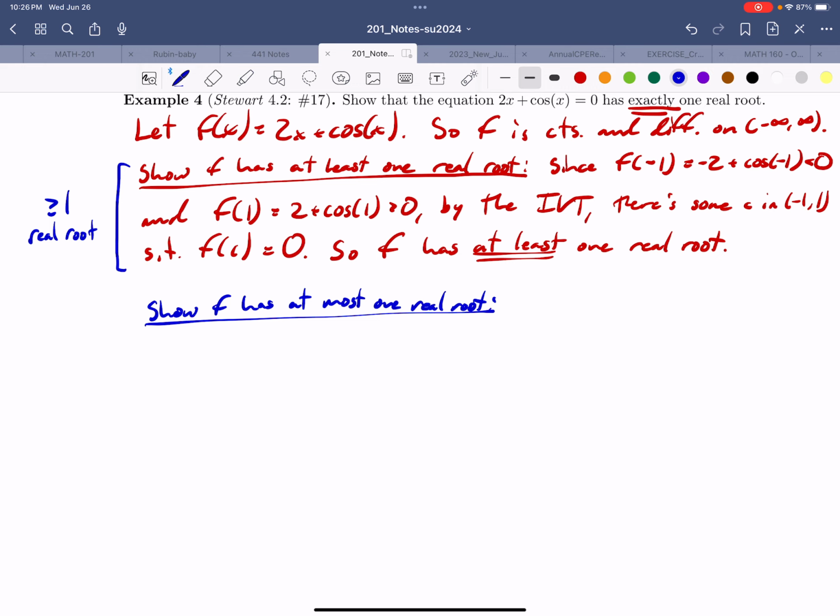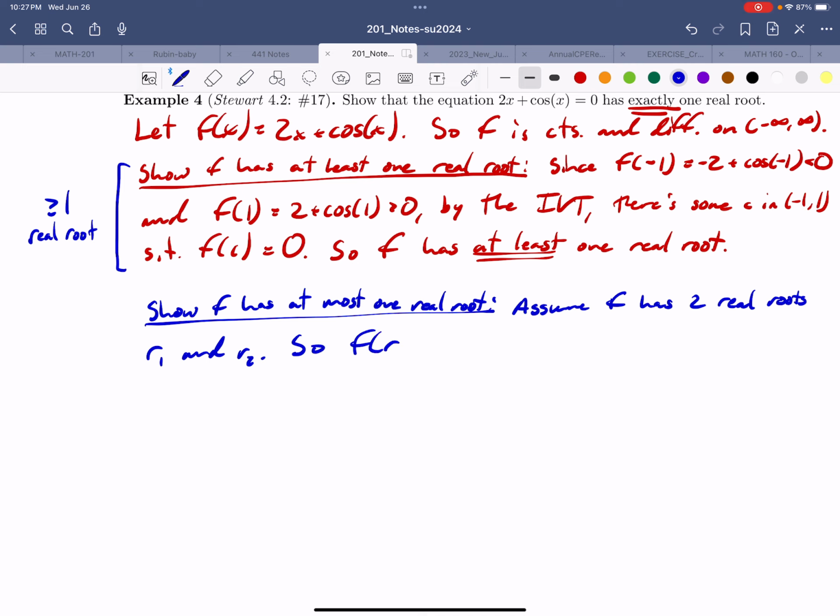So at this point, we know already, again, that f is continuous and differentiable everywhere, right? So all we need to do is assume f has two real roots, R1 and R2.